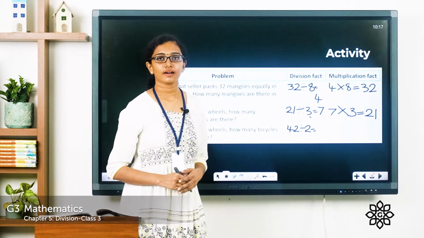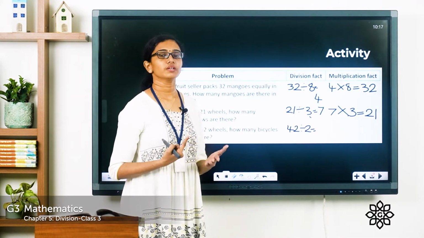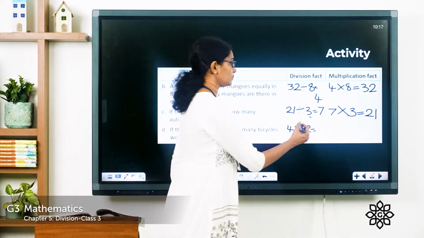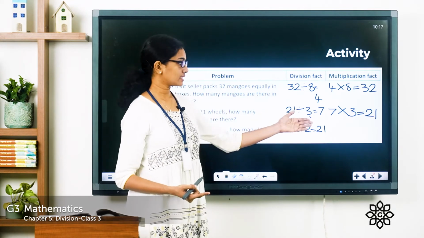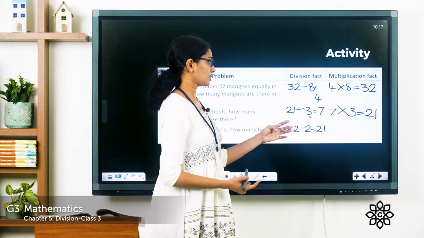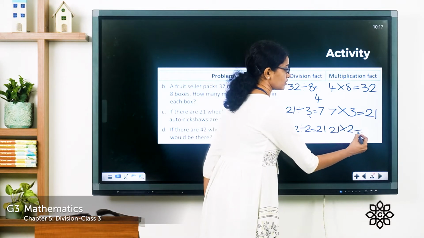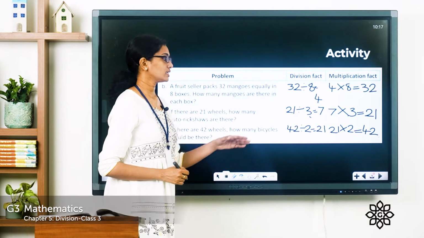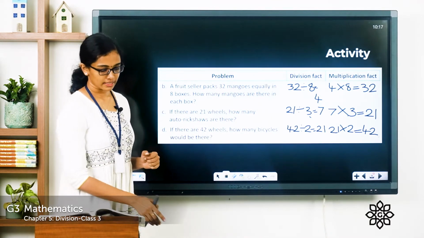And what is 42 divided by 2? We know 2 into 21, or 21 2s are 42. So 42 divided by 2 is equal to 21. And the corresponding multiplication fact will be 21 into 2 is equal to 42. So there will be 21 bicycles as mentioned in the question. So I hope you are clear with this.